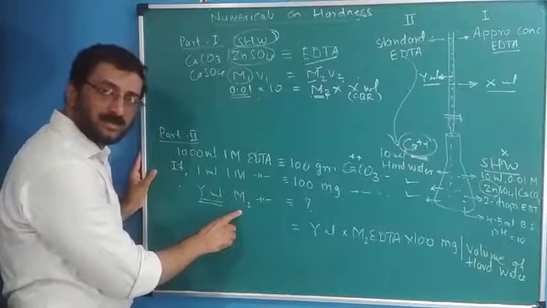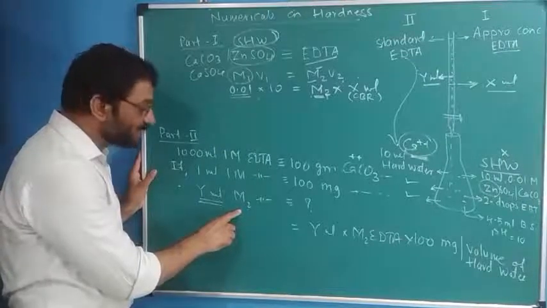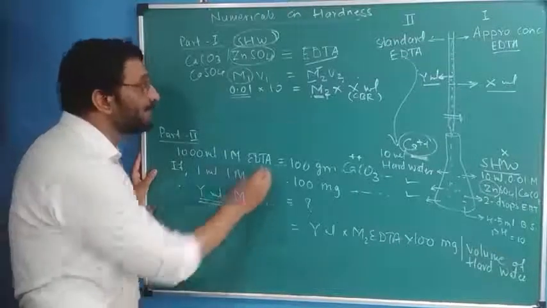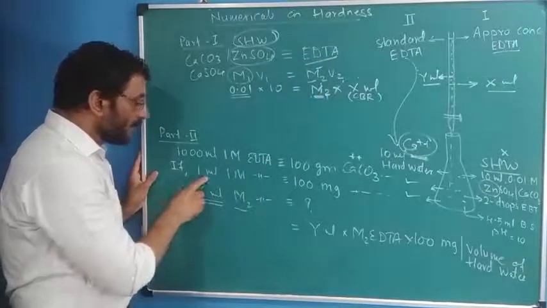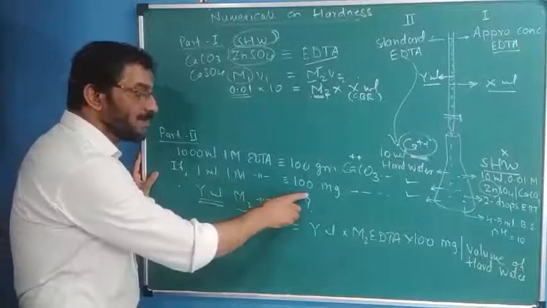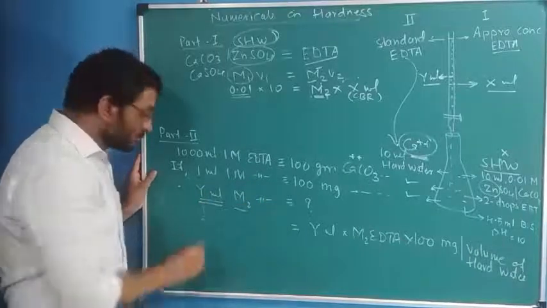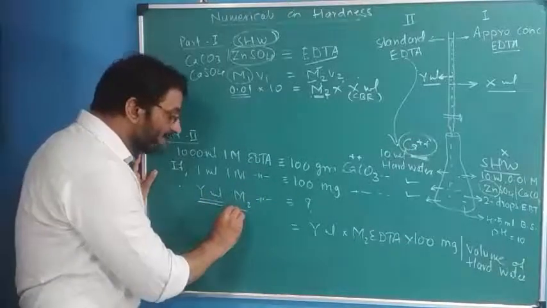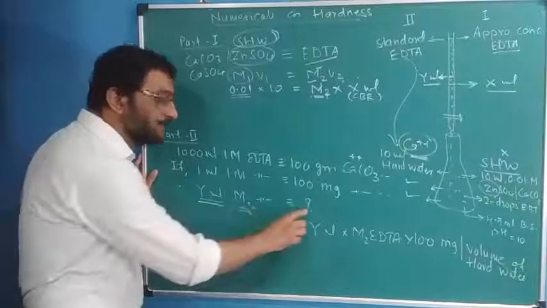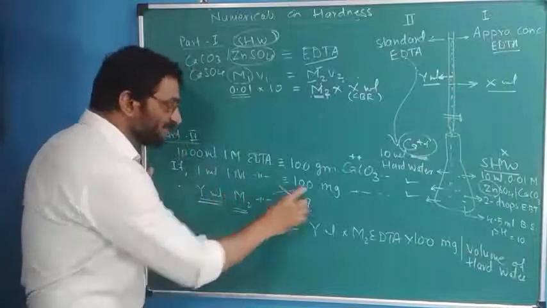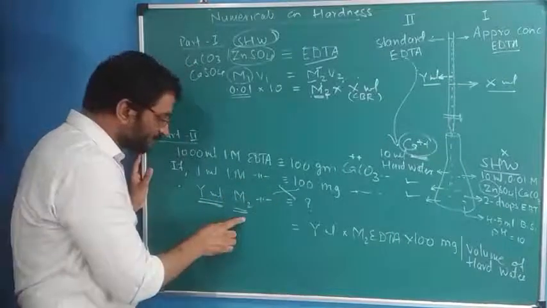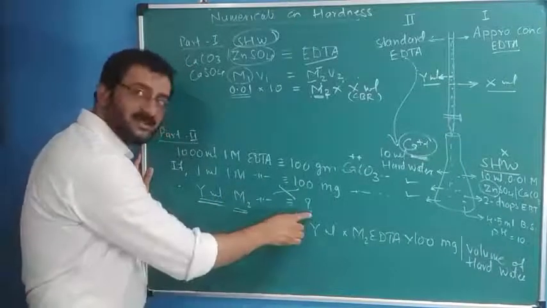What is the concentration of EDTA we are using in the experiment? It is exactly M2 molar. So if 1 ml of 1 molar gives hardness of 100 milligram, how much hardness will this volume and this concentration of EDTA give?